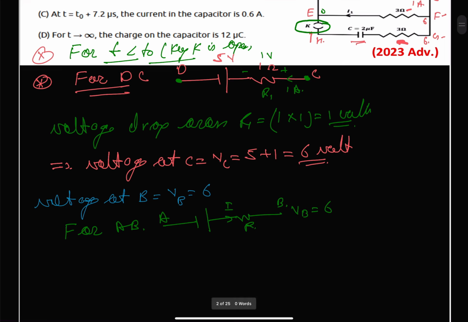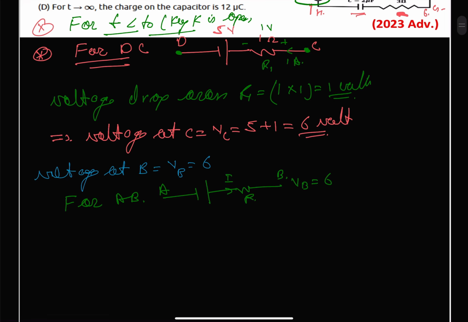Therefore we can write the equation for the current I. This will be positive and this will be negative, and we are already given the 15 volt.